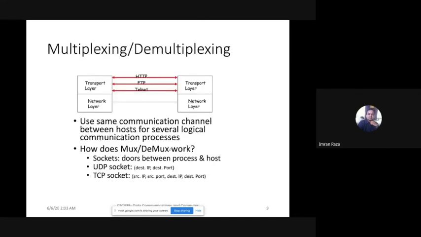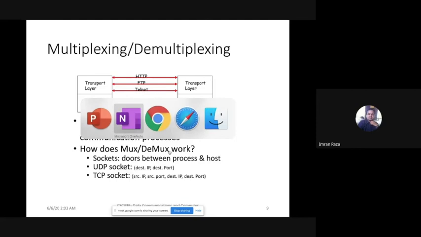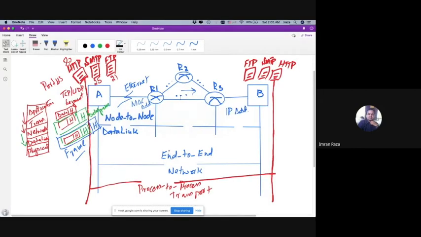So the next topic, which is very important to understand, is multiplexing and demultiplexing. When a receiver receives data, for example, let's consider this scenario that we have already discussed. When A is sending data to B, when B receives data, it does not directly transfer data from the transport layer to the application layer.